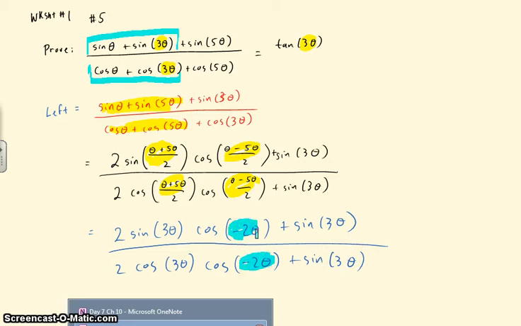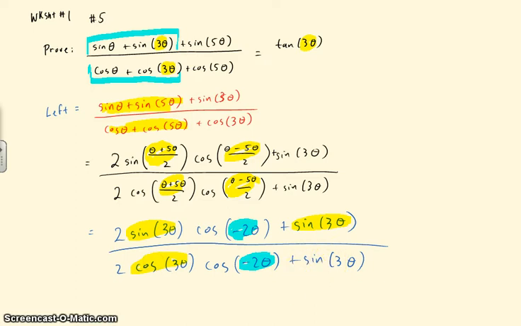But what I want you to realize, first of all, is it doesn't matter whether it's cosine of 2 theta or cosine of the opposite of 2 theta because cosine is even. And we also don't even need to simplify it because if I'm looking at the top and the bottom here, I'm looking to factor. I see that the common factor on the top is sine 3 theta, and the common factor on the bottom is, well, what did I mess up on?